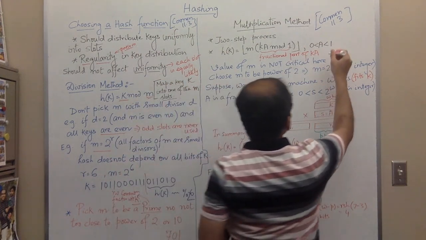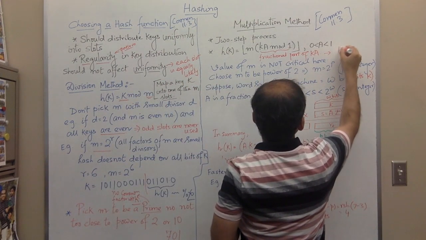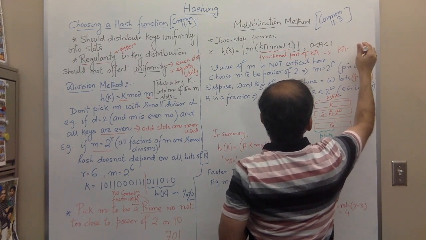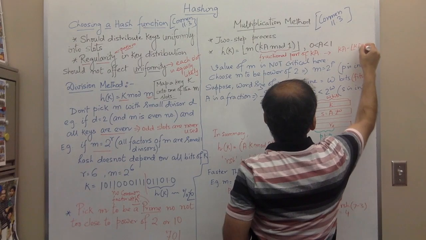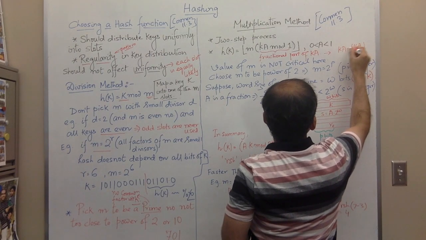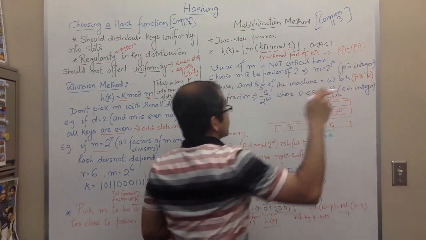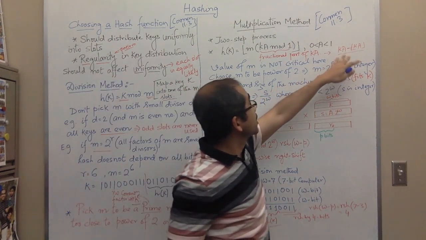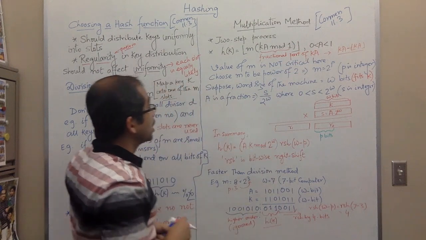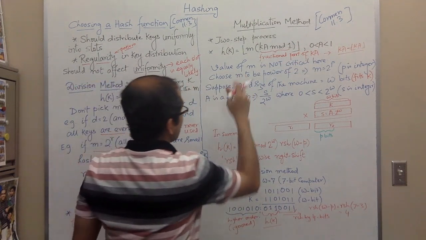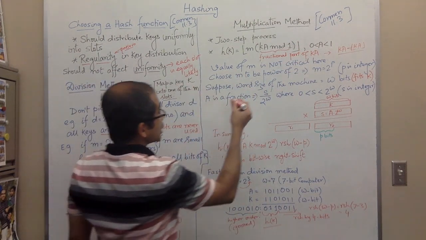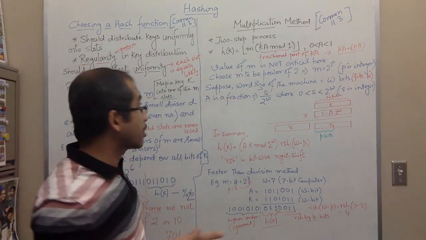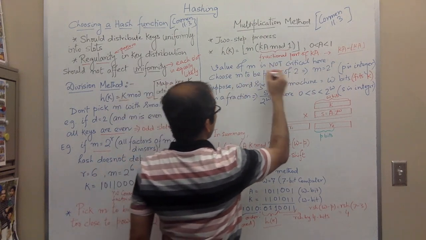It can be written as ka minus its integer part, and what remains is the fractional part of ka, and then you multiply m with that. But unlike in the division method, where the value of m was critical, here m is not that critical.